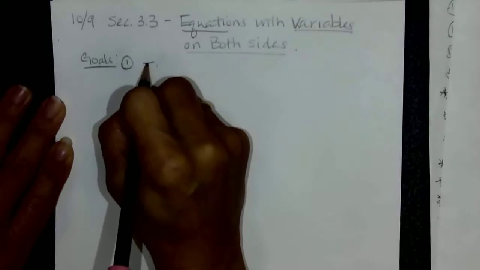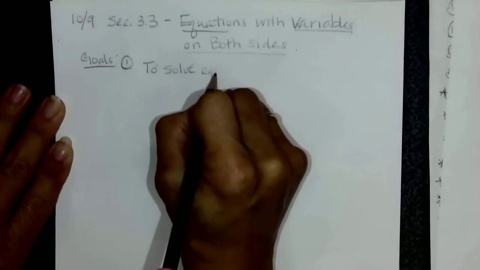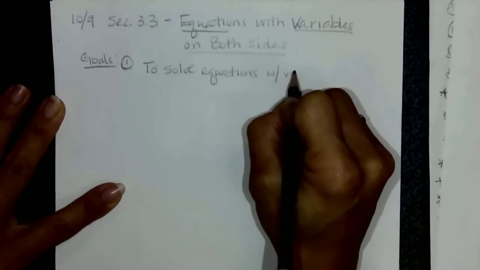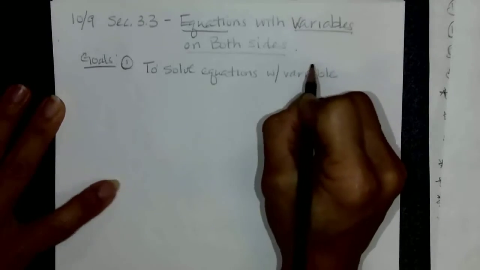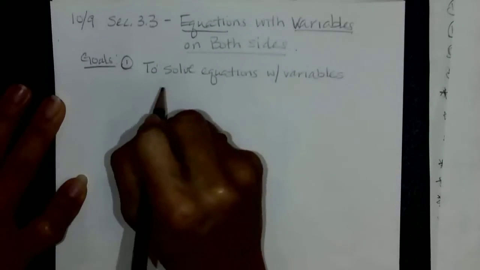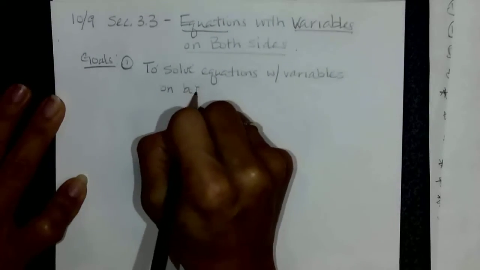There we go. So your goal for today is to solve equations with variables on both sides. That's one goal. When you're done with this assignment, you should be able to do these on both sides.